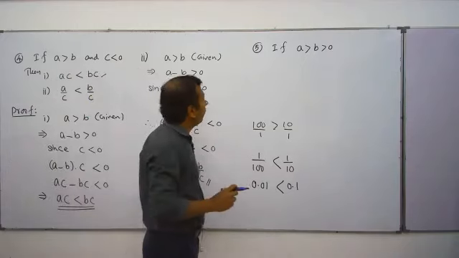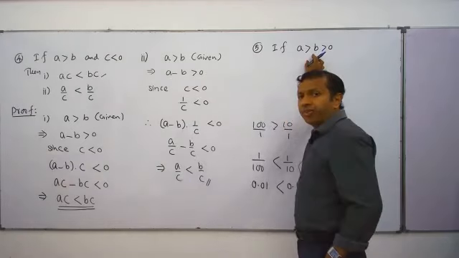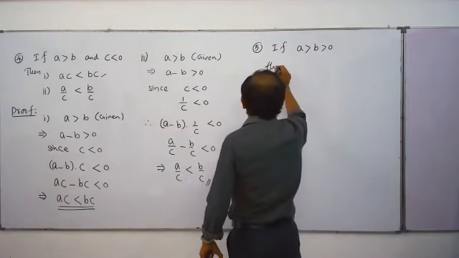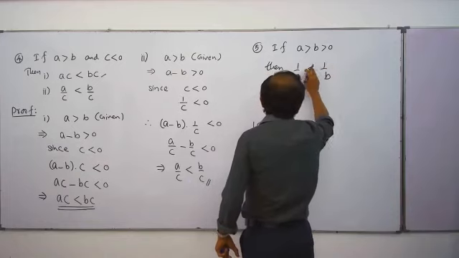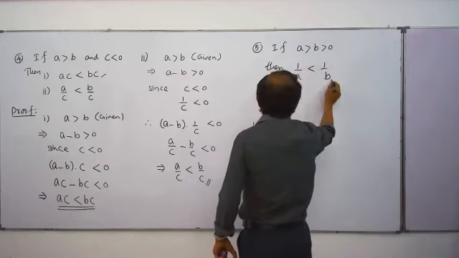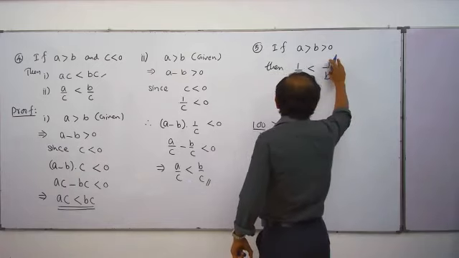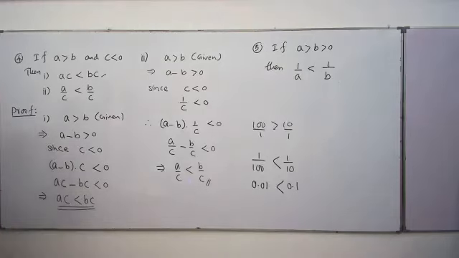Therefore, if a greater than b greater than 0, both should be positive, people, to write this result. Then what can you say? Then 1 upon a less than 1 upon b. So this is that result. Let's see how to prove this.